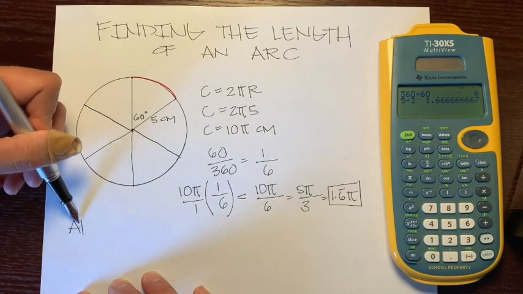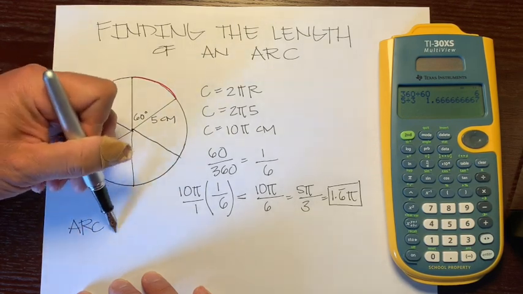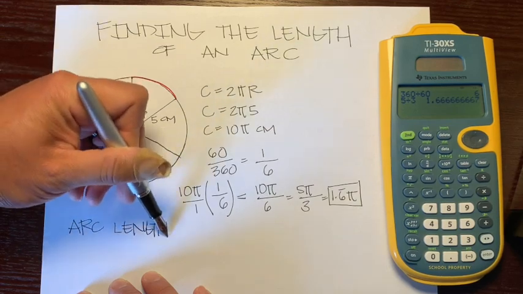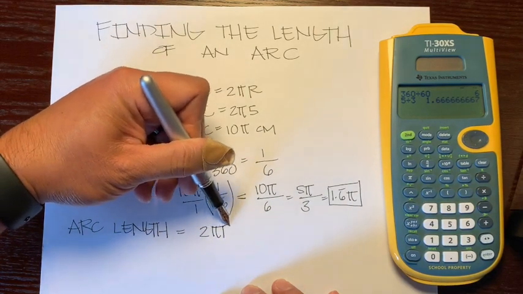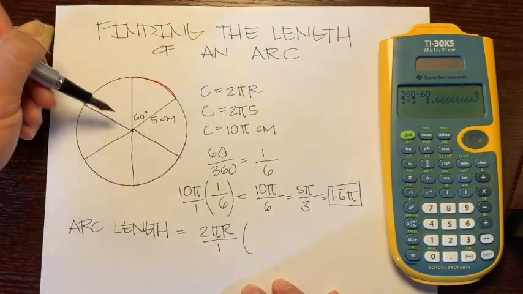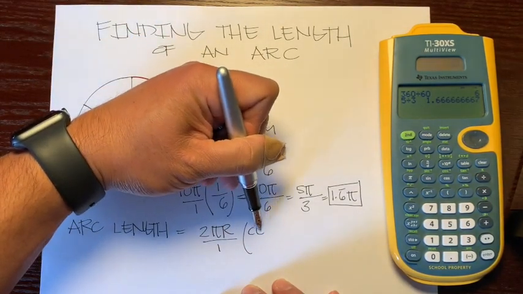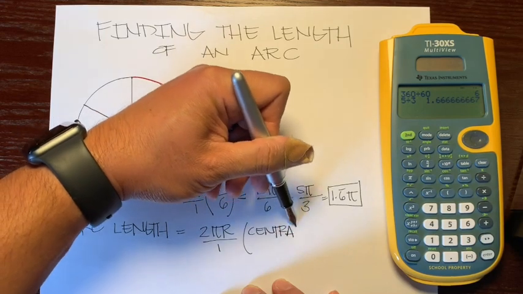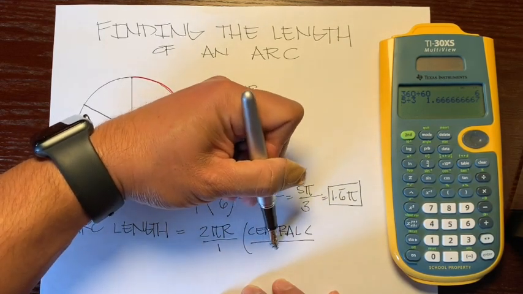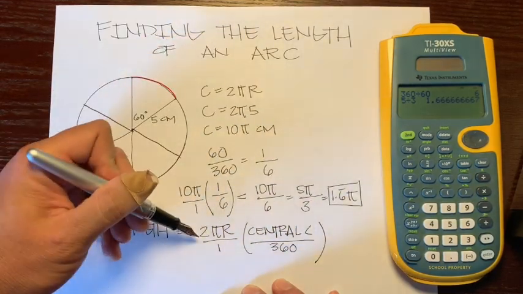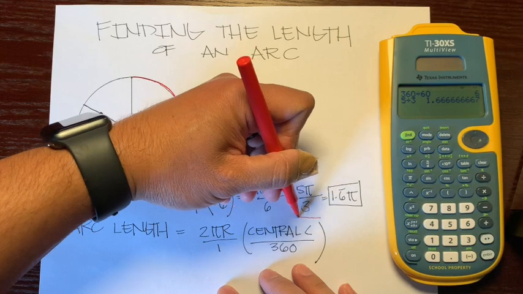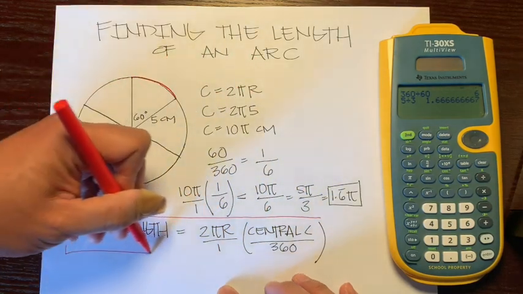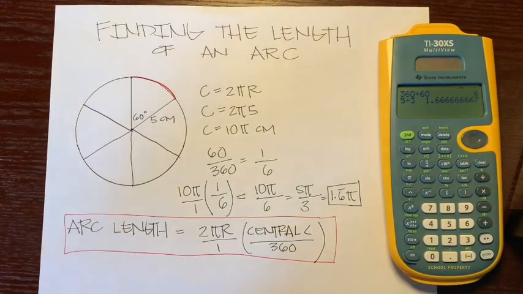Arc length is equal to the circumference, which is 2 pi r over 1, times the central angle over 360 degrees. And you just plug it all in, multiply it out, and there you have it. You'll have your final answer. So take this formula, put it in your notebooks, highlight it, and you're good to go.